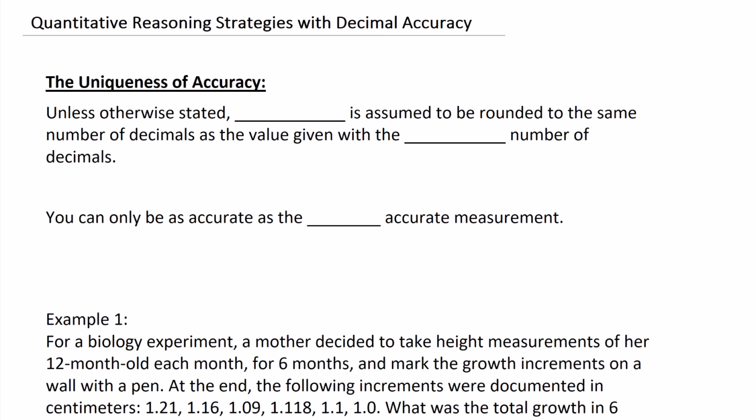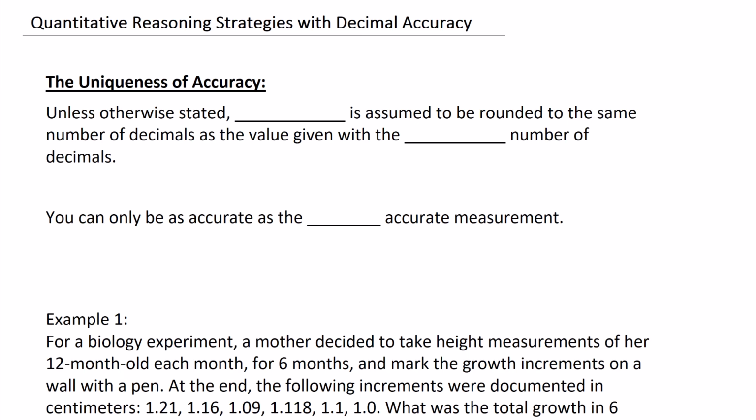In this video, we're going to talk about quantitative reasoning strategies with decimal accuracy. We will still use the 7 steps to identify and solve an application question, but we do want to talk about the uniqueness of accuracy.